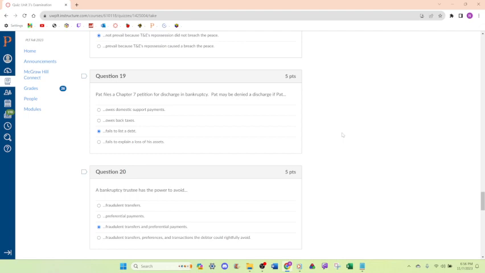And what if only one of them is a domestic support payment? You'd be able to be discharged from all the other ones, wouldn't you? But not that one. Just having one non-dischargeable doesn't mean all of them. But what does it mean? Fails to list a debt.